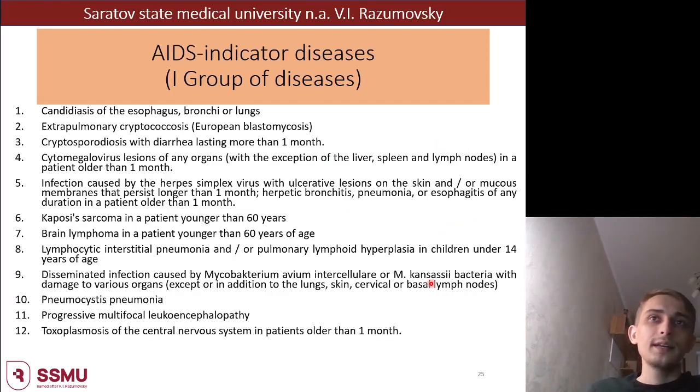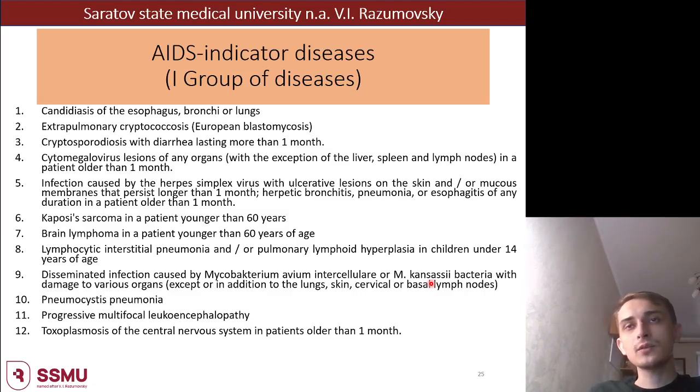So, as a result of HIV, we may see formation of AIDS syndrome. And also, AIDS syndrome is a mirror of the depressed immune system, and we can see two groups of diseases which indicate AIDS syndrome.